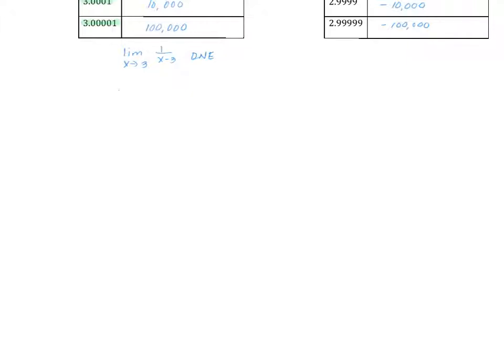Let's go back up and look at the limit as x approaches 3 from the right of 1 over x minus 3. Normally we plug and chug, so this is going to be 1 over 0, which is not indeterminate. What that tells me is that this function is undefined at 3. So what happens as it approaches 3? It's either going to be a negative or a positive infinity.